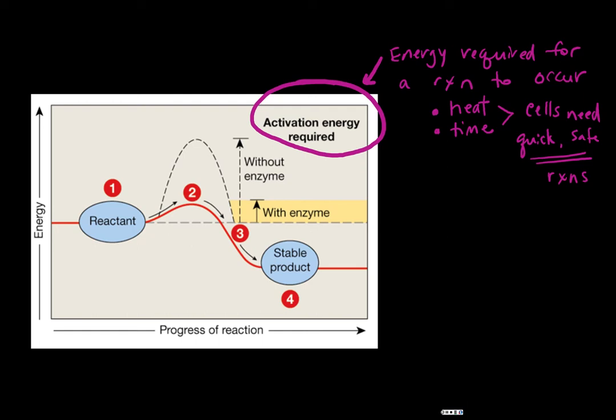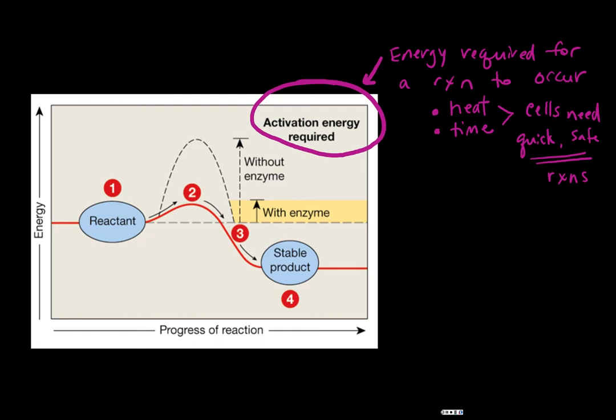And sometimes waiting for a reaction to happen means years and years and years. So clearly a cell can't do this. You can't just heat up your cell for the reaction to happen, and you can't just wait years and years for that reaction to happen. We need our reactions to happen in a manner that's safe for the cell. The cell's alive, and quickly, because that cell needs some stuff.